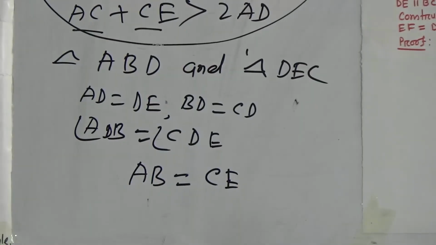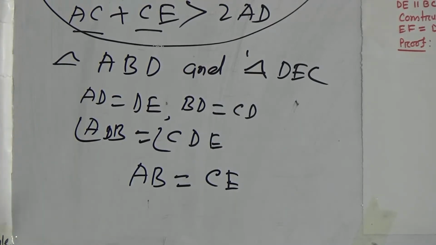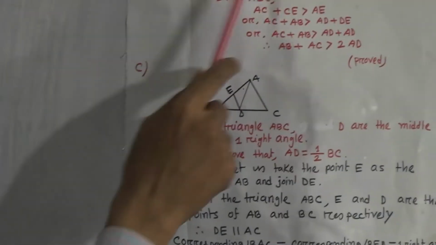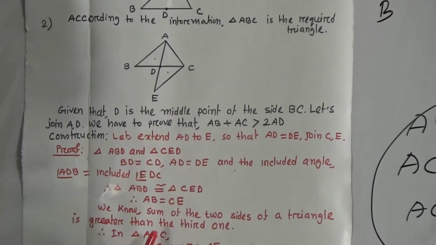Then what do we do? Then we will try to compare these two triangles, ABD and CED, so that AB equals CE. Now see here, therefore BD equals CD in triangles ABD and CED.